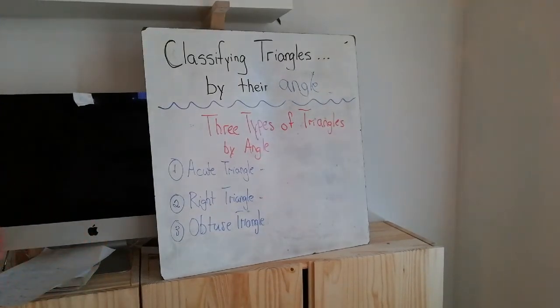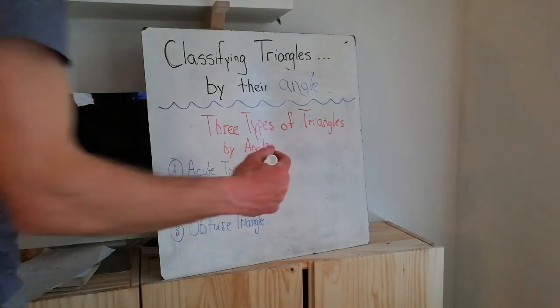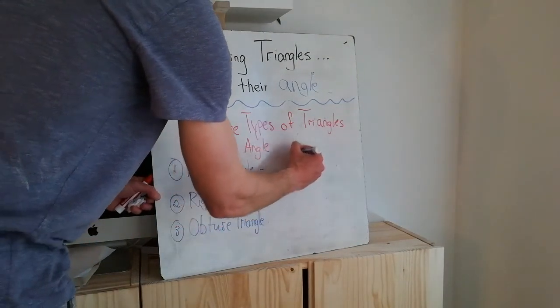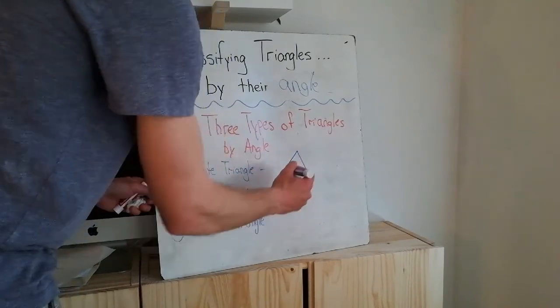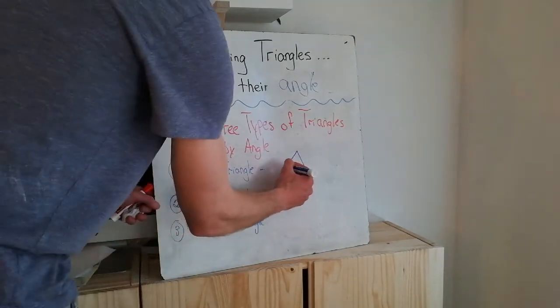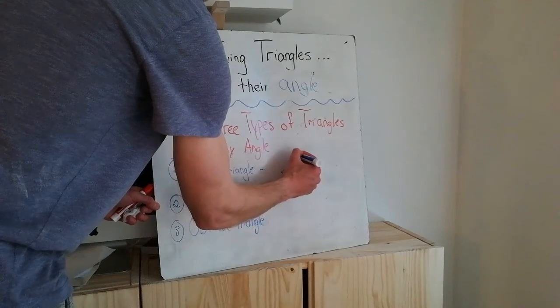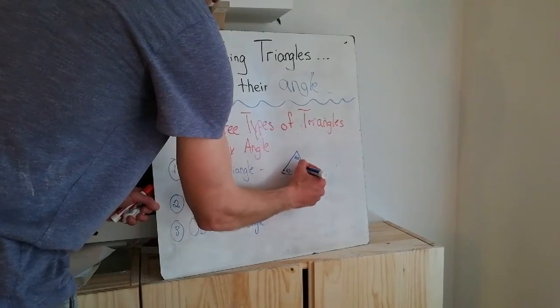Okay, so just to finish up, an example of each. So an acute triangle, you might have a triangle that looks like this. In this case you won't have to measure, but let's say you'd see this would be a 60-degree angle, this would be 60 degrees, this would be 60 degrees.